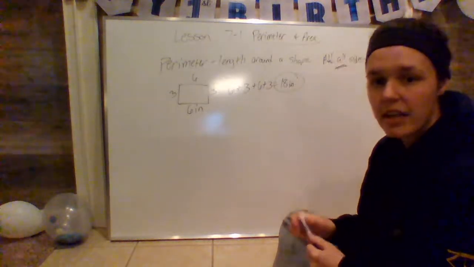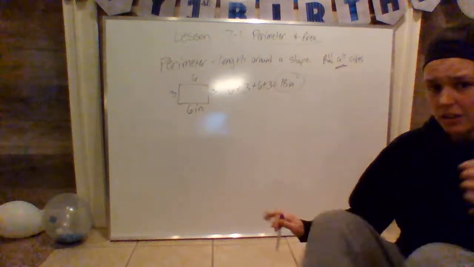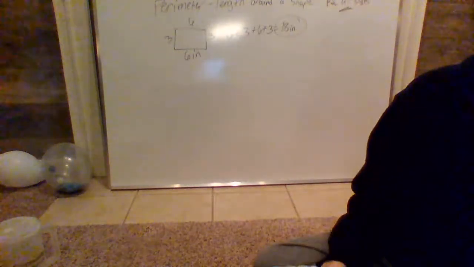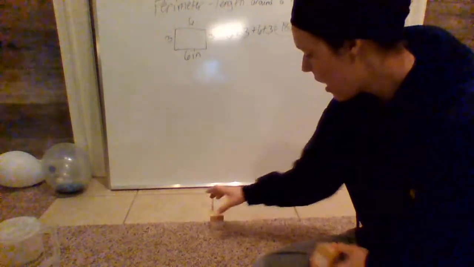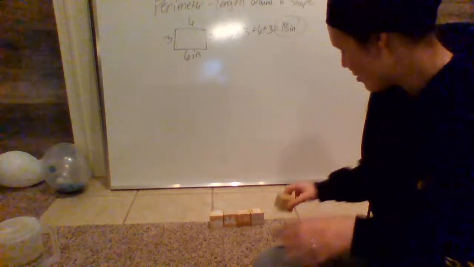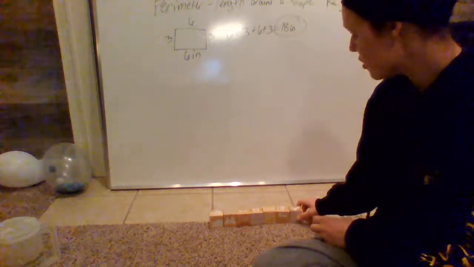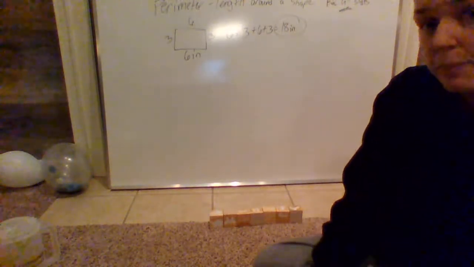Again, can you see this square on the bottom here, this tile? So if I want to find the perimeter, let's say I want to surround this with blocks, how many blocks is it going to take to surround this rectangle, this tile? These are my son's blocks. That would be perimeter.